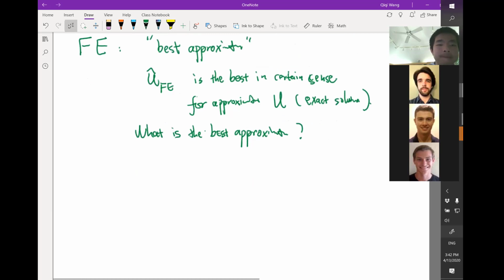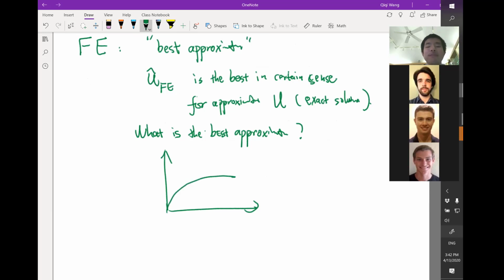So for example, let me draw a quadratic function. And I want to say that if I just have a single element, the whole space between 0 and 1 is one element. And I want to approximate this quadratic function with a piecewise linear continuous function, which in this case, because I only have one element, is a linear function, right?